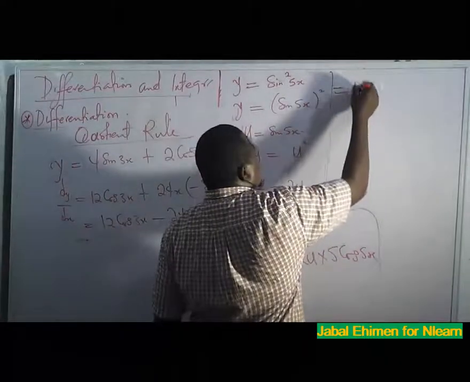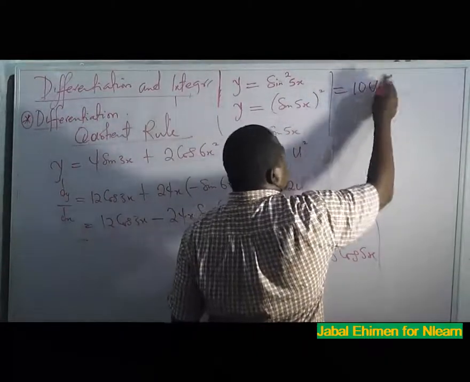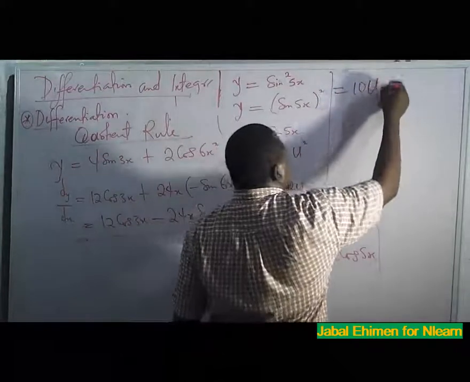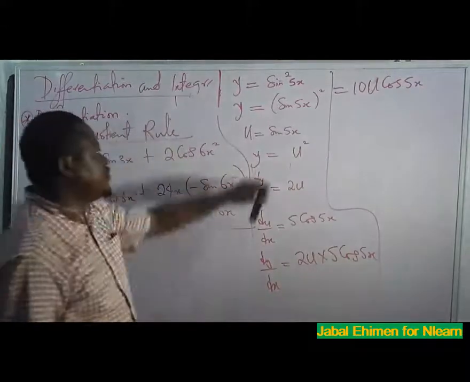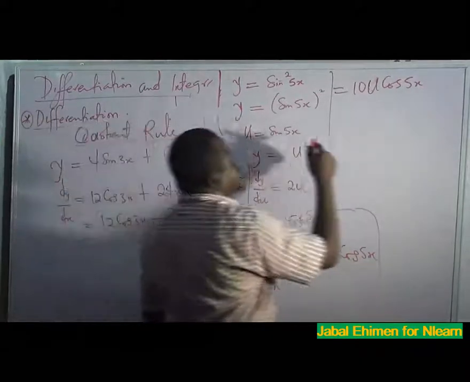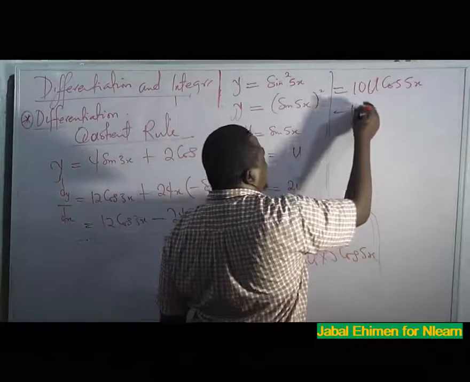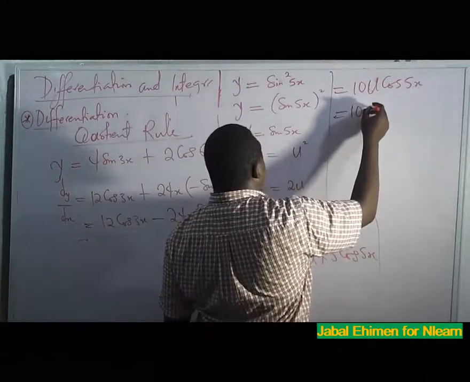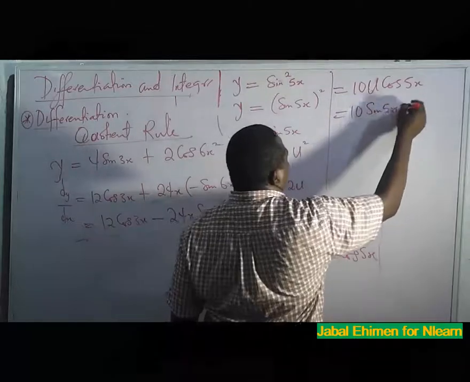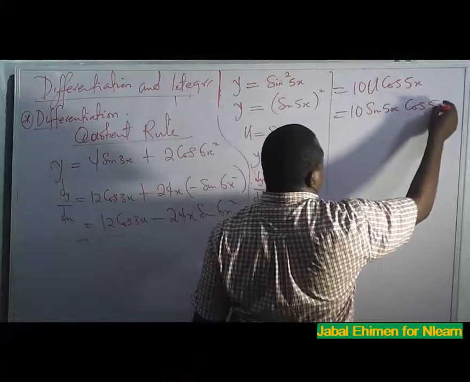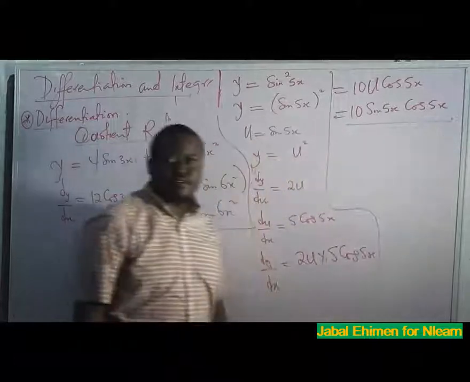That gives me 10u cos 5x. But the u, what's the value of the u? The value of the u is sine 5x. So that gives me 10 sine 5x cos 5x. So that's the answer to that. Simple.